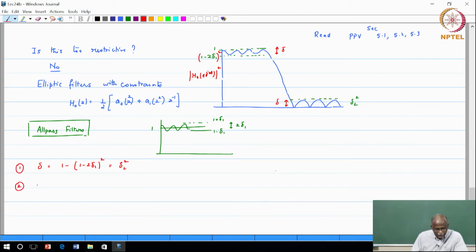The second constraint is, again probably no surprise, omega p plus omega s equal to pi.